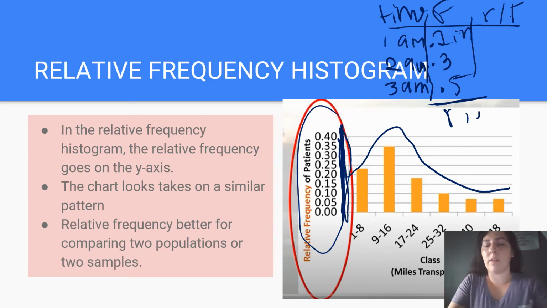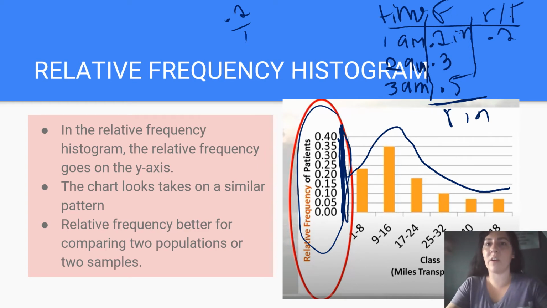So to get the first relative frequency, you go 0.2 divided by 1, which is 0.2. Wow, I did terrible math here. I picked terrible numbers, but anyway, you get the idea.